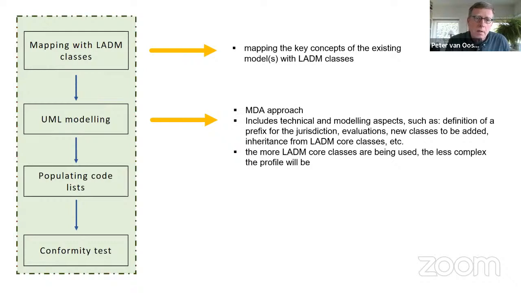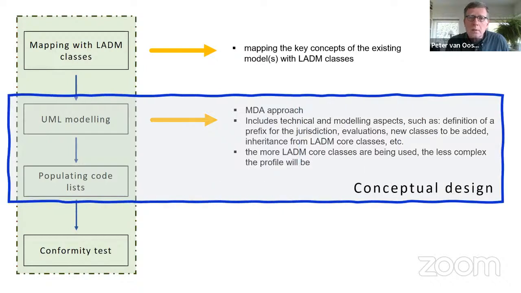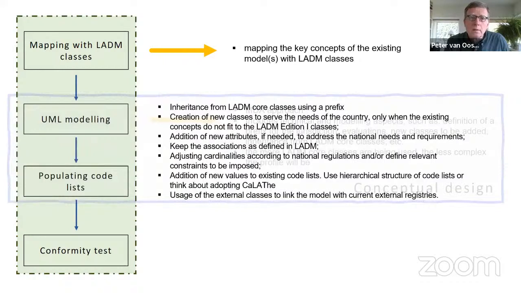And existing LADM classes can be extended, for example, with new attributes that are not in LADM but that are needed. And so this is actually conceptual design at the national level. And these are typically the things you do, inheriting from LADM core classes and creating a new class with the prefix of the country profile, for example, Netherlands, NL party, or NL special needs.